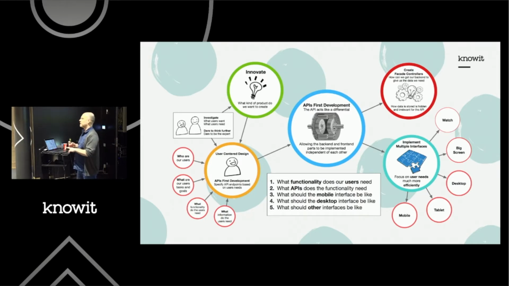Before you start finalizing the mobile interface or deciding just how the user interface should be, or before you get hung up in the limitations of the existing backend systems or database systems or stuff like that, you should talk about what kind of APIs do we need to tie it all together.